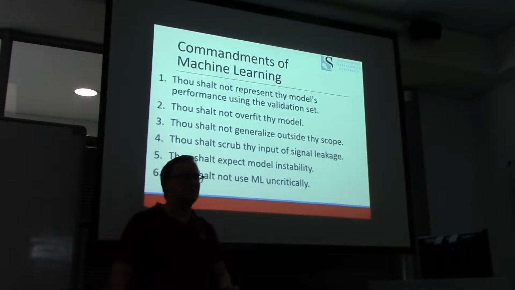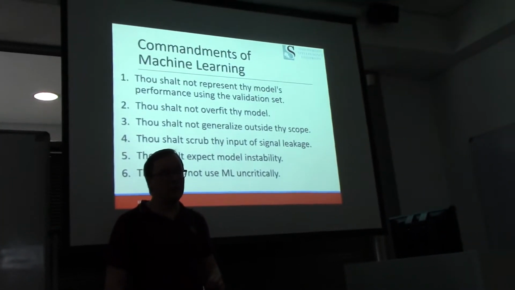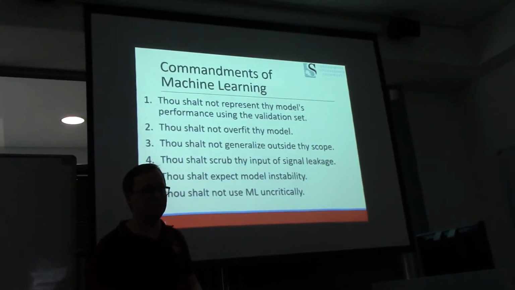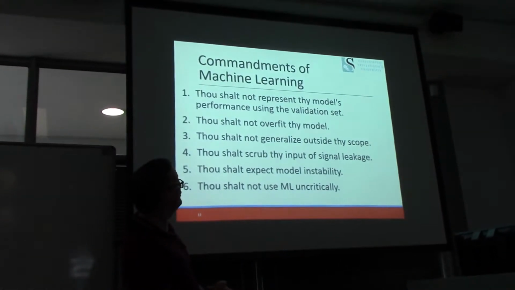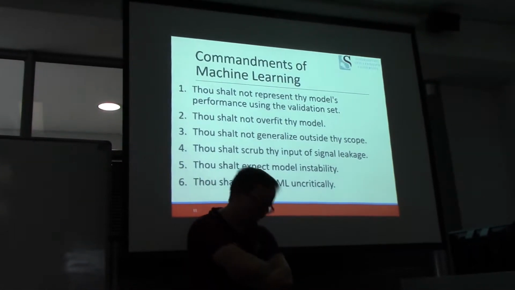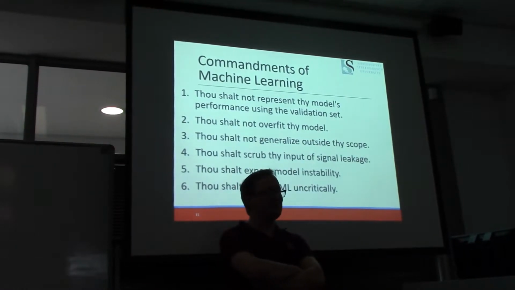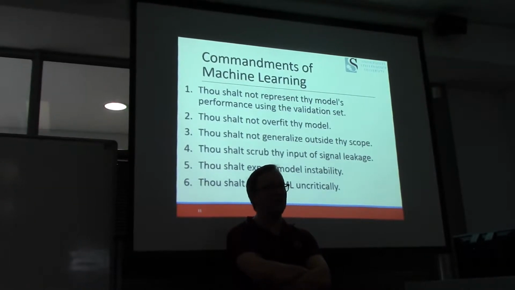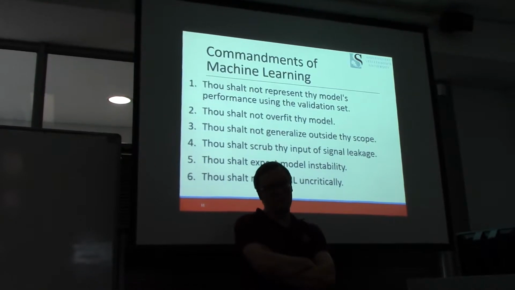All right. So you know I use a lot of religious imagery in my lectures, and I've done it again. Here I have the 6 commandments of machine learning. Number 1, thou shalt not represent thy model's performance using the validation set. Okay, so how does this work? If you're a computer scientist, you know that the best performance you can produce on the validation set is something you can game a little bit, right?